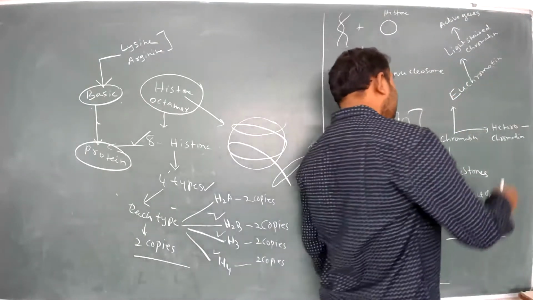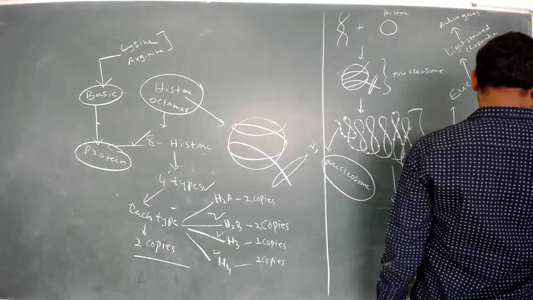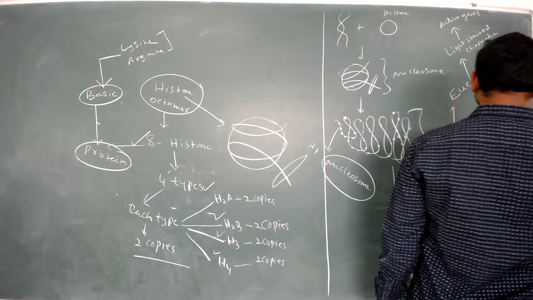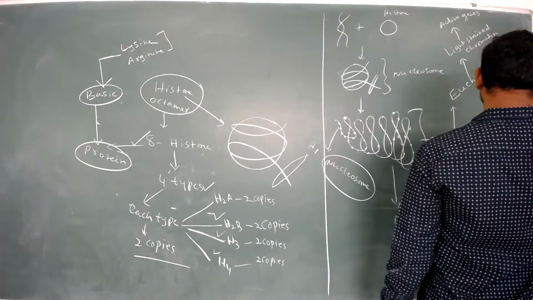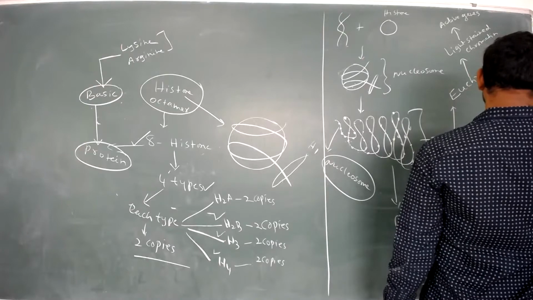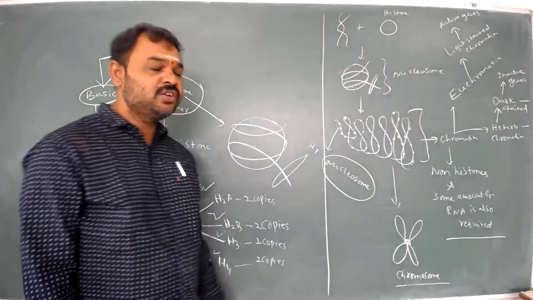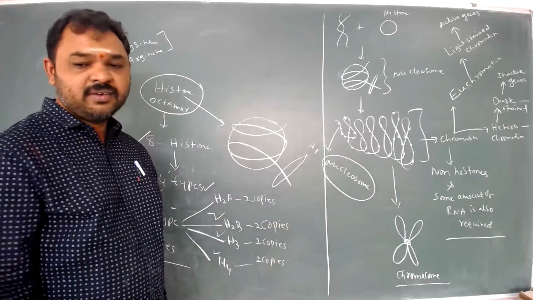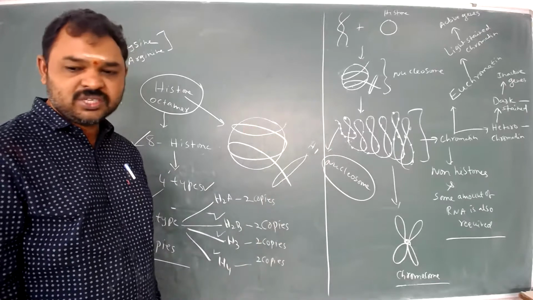Heterochromatin means dark stained chromatin, and what genes are there? Inactive genes. Chromatin with inactive genes and dark stain is called heterochromatin. Heterochromatin is the dark stained chromatin having inactive genes.